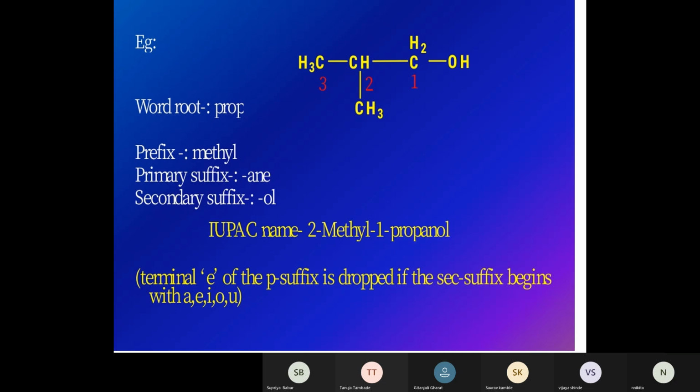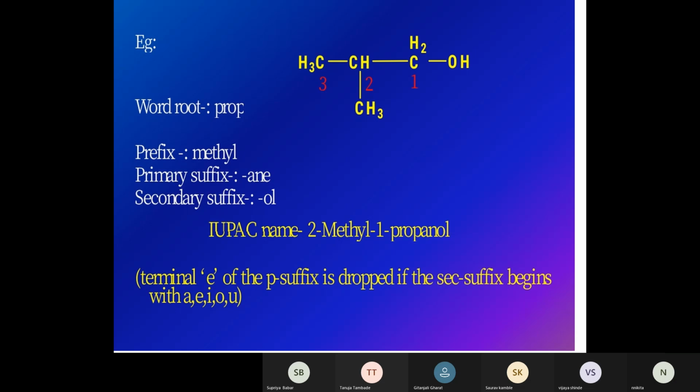See here, the terminal E of the primary suffix is dropped if the secondary suffix begins with A, E, I, O, U. You have to remember this.